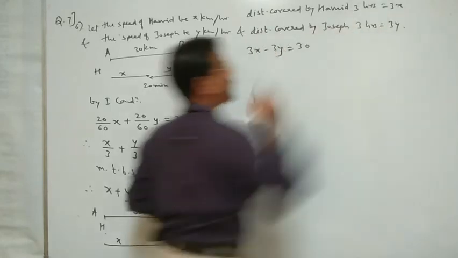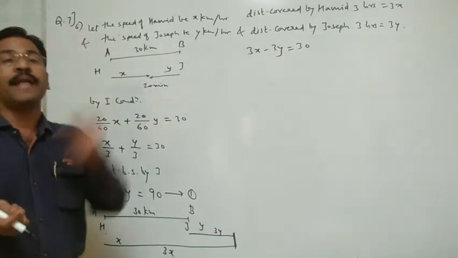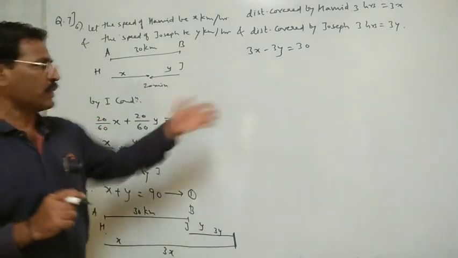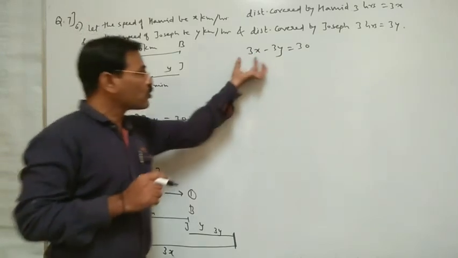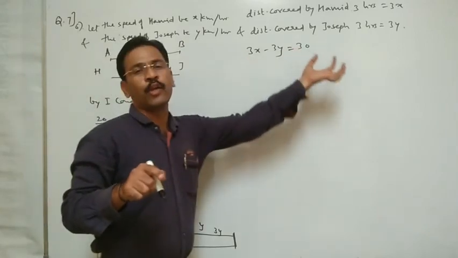Is it correct? How do you get 3y? We have to find distance, and the distance formula is what? Speed into time, or time into speed. This is time, this is speed, so this is nothing but distance.